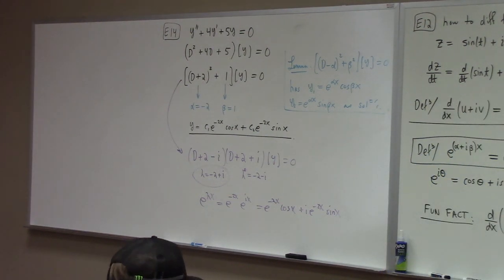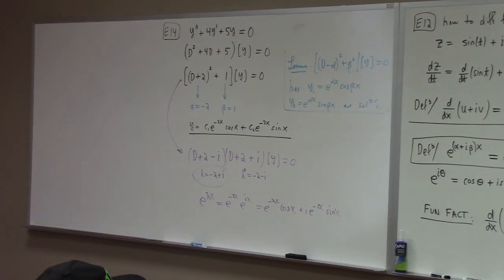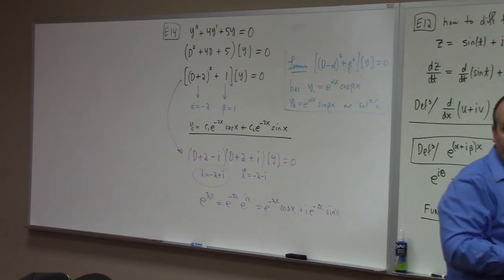Complete the square on this, what does it give you? It gives you D plus 2 quantity squared minus 1. Aha! Not irreducible, right? In fact, that's really D plus 1 times D plus 3, right? In fact, the first term does factor.